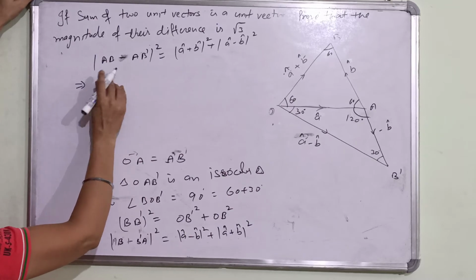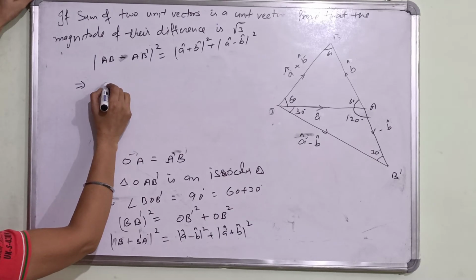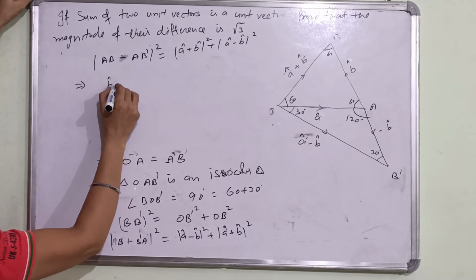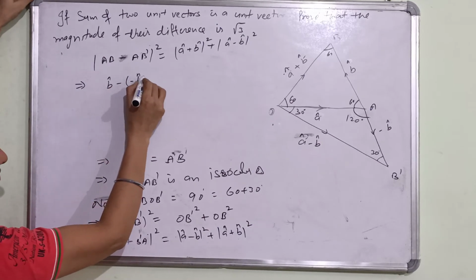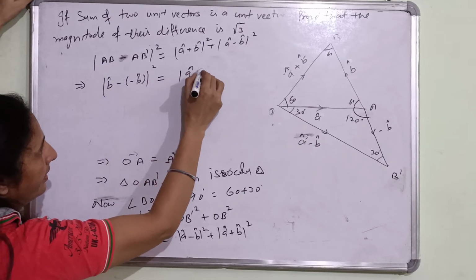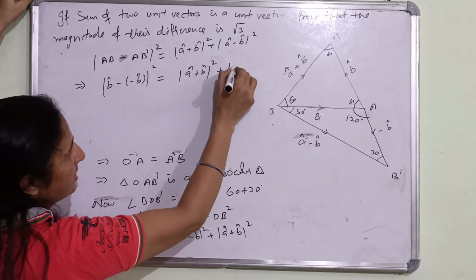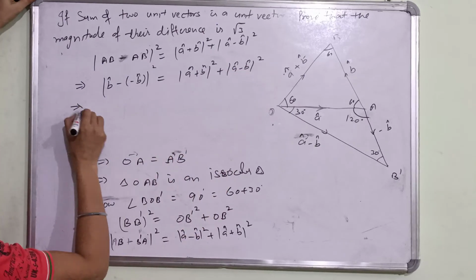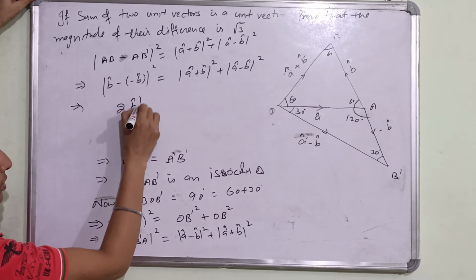We can write it, it is BB, 2B, B unit vector minus of minus B unit vector square, plus square, right? So it is 2B unit vector square.